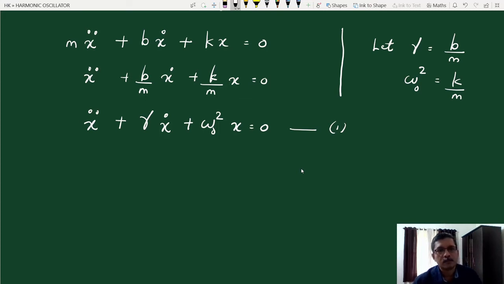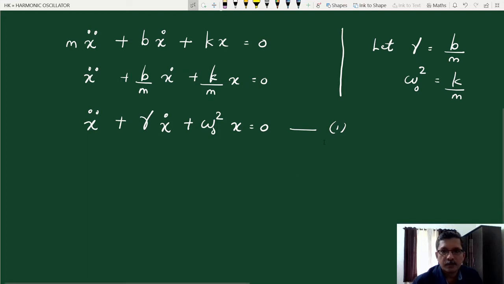Now these two constants, gamma, which can be called the damping constant, and the angular frequency omega 0, both have dimension time raised to minus 1. That means the unit we can use is second raised to minus 1. You can check that the dimension of both gamma and omega 0 should be time raised to minus 1, so the unit should be second raised to minus 1.